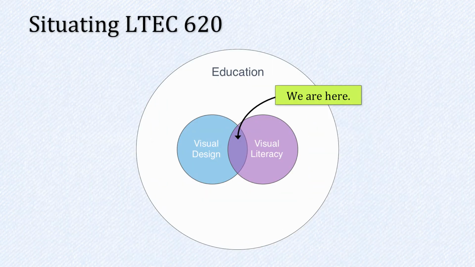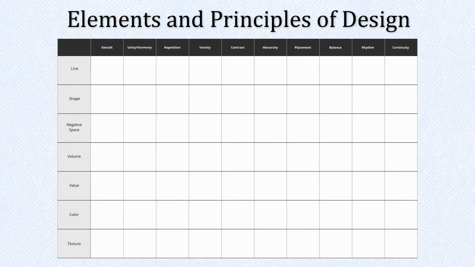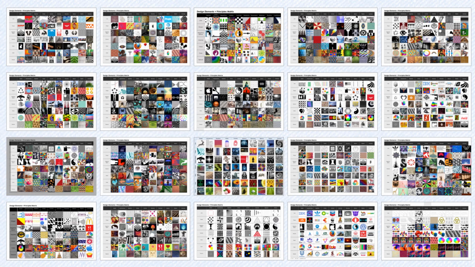In addition to learning about some major theories about using visual representations in education, we also practiced being visual designers ourselves. We studied the elements of design and the principles of design and played around with key topics such as typography, color, and layout.